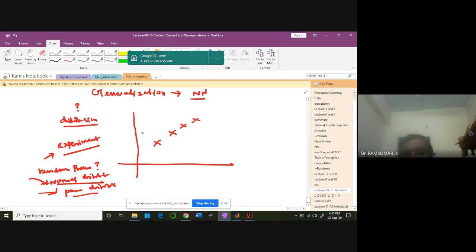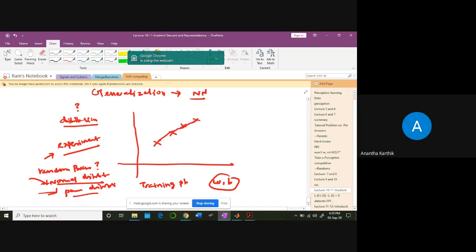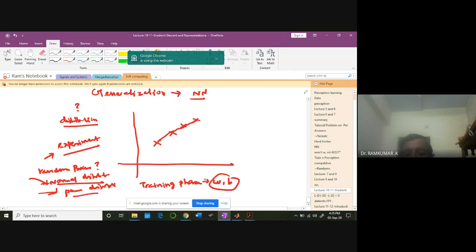What we are trying to do is classify this data, or fit a curve through this data using our neural network weights and biases. Once you are done with this, it is called the training phase. In the training phase, you identify the weights and biases.